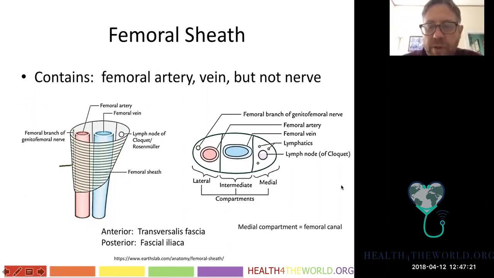All right. So the most medial component is going to be the lymph node, but the second most is going to be the vein. And so when we're distinguishing between artery and vein, the vein is always medial to the artery when you're looking at the common femoral artery or vein and you're thinking about puncturing.